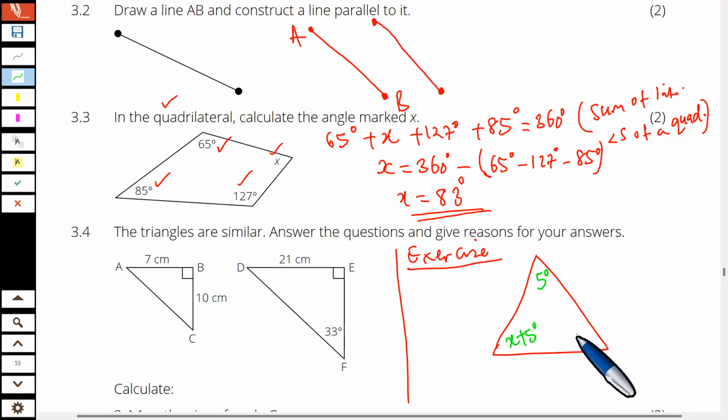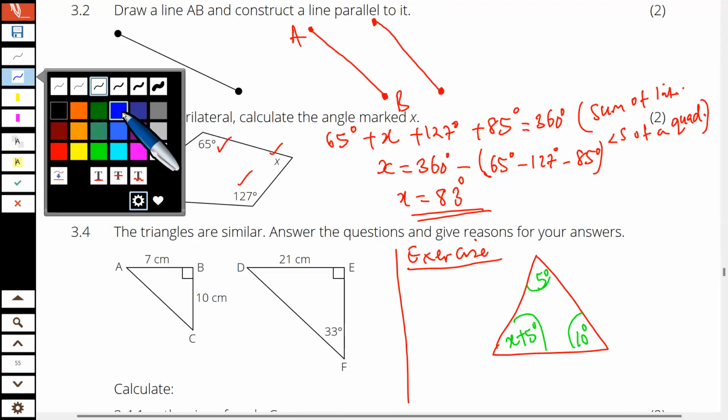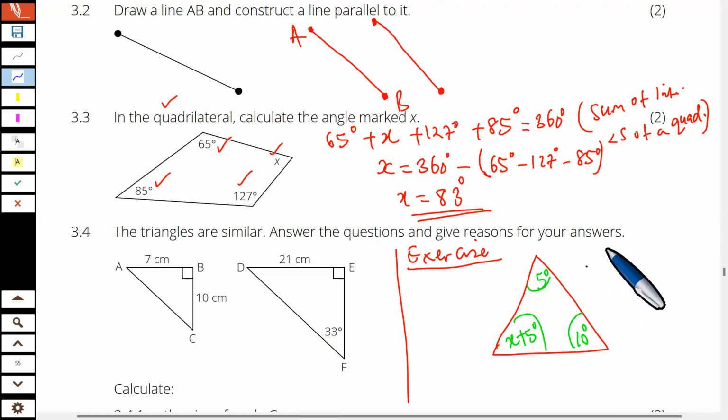And this one is 10 degrees. Find x. What do you think the answer is? Find x. All right, I'm giving you 2 minutes to do that one, 3.3.